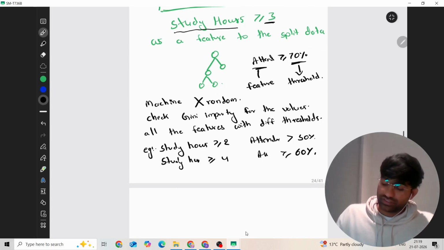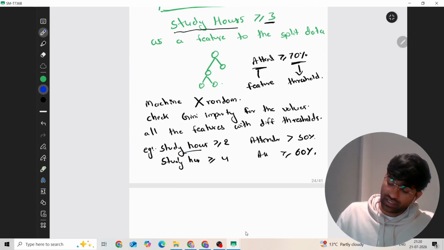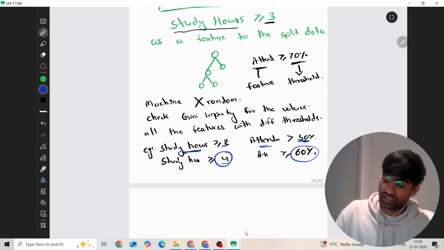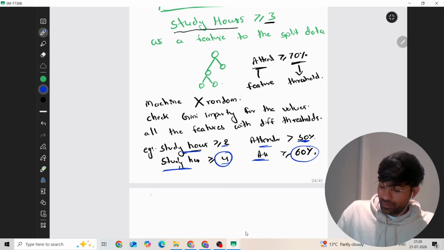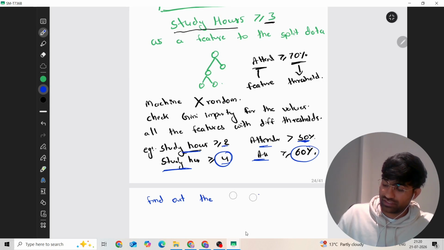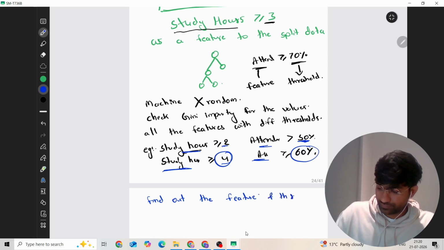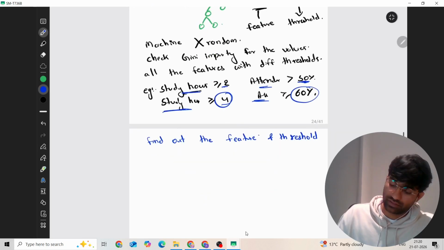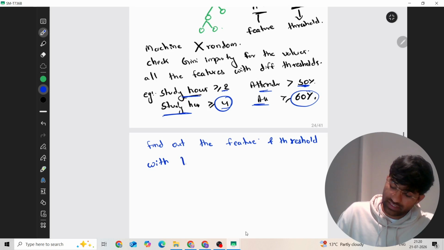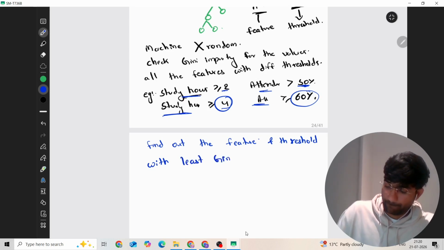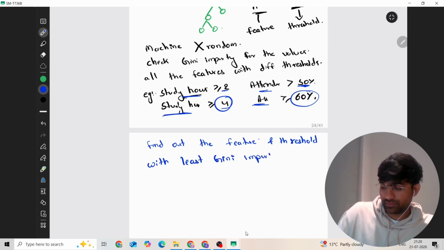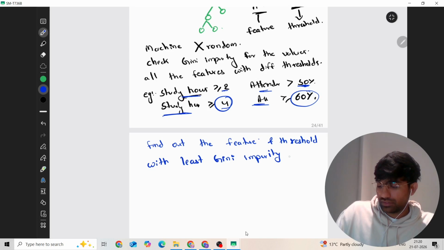In this way, it will check different features and threshold values, and find out the feature and threshold with least Gini impurity to split the data.